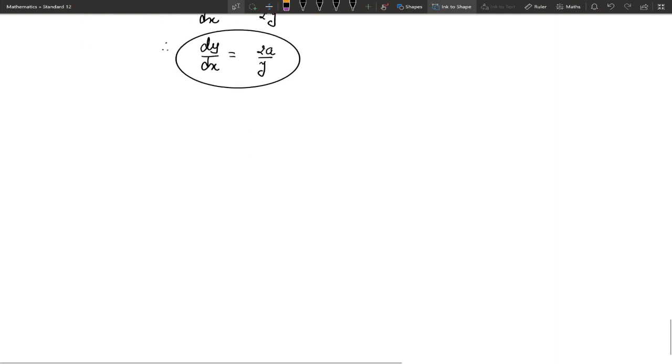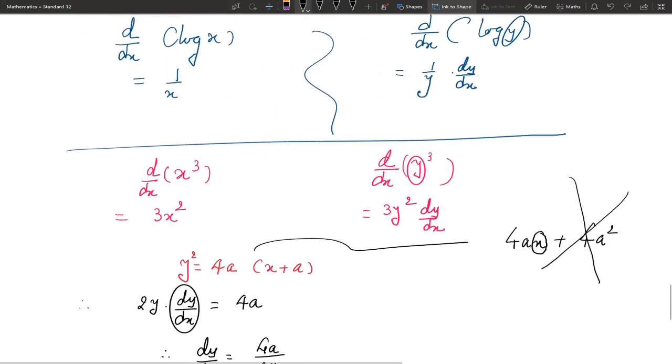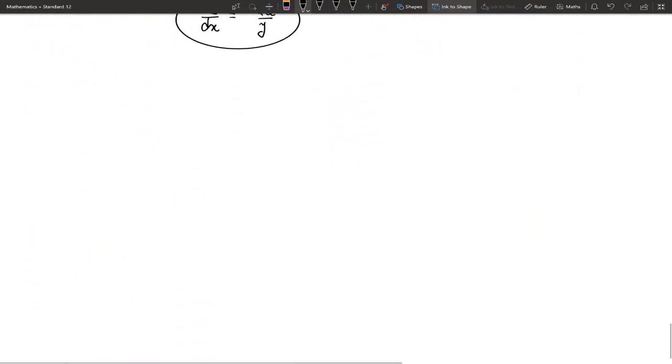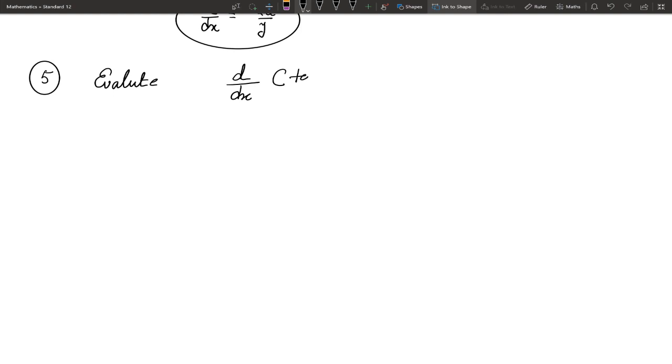Evaluate d by dx of tan inverse 3x at x equal to 3.